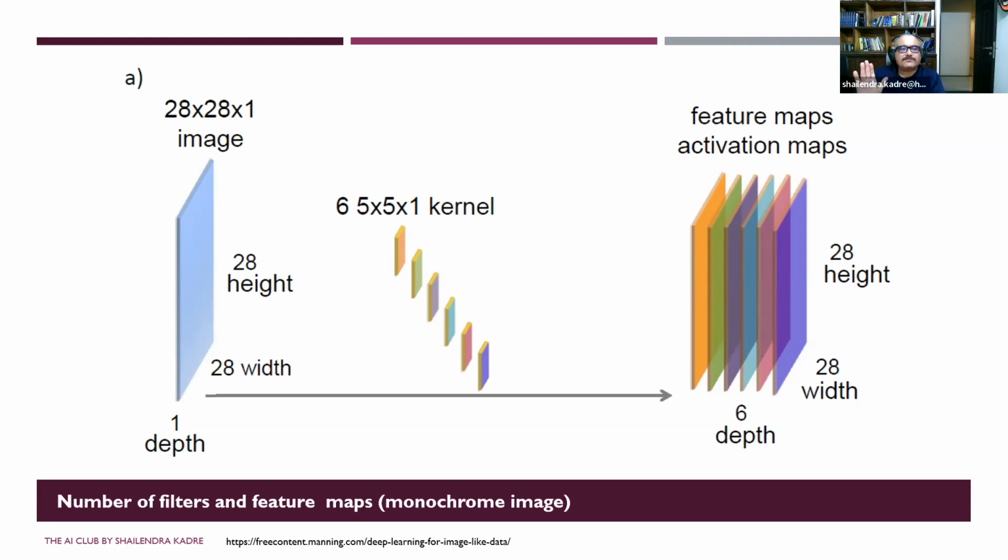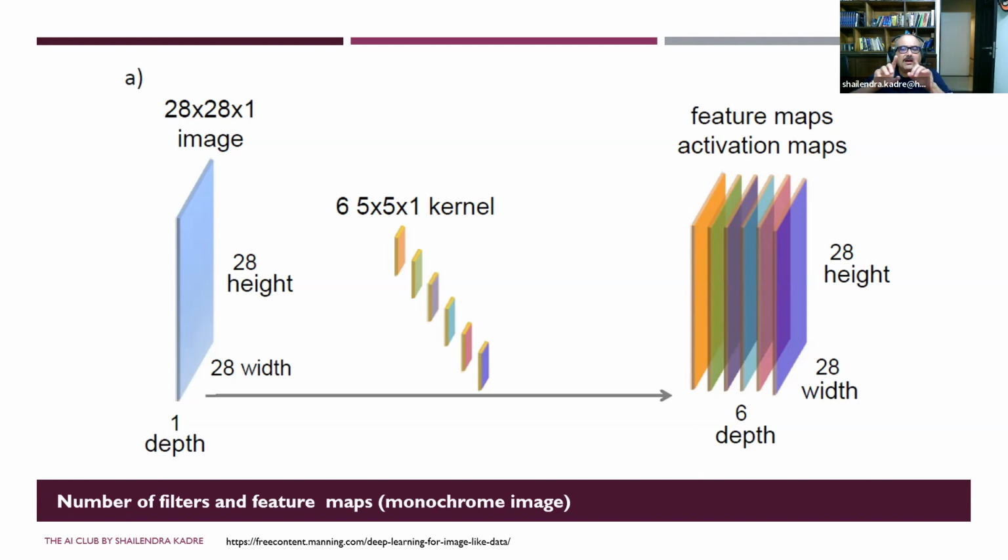A feature map is nothing but a flat figure, a rectangle or a square, having only height and width, a 2-dimensional figure. That is what a feature map is. One feature map is either a rectangle or a square.